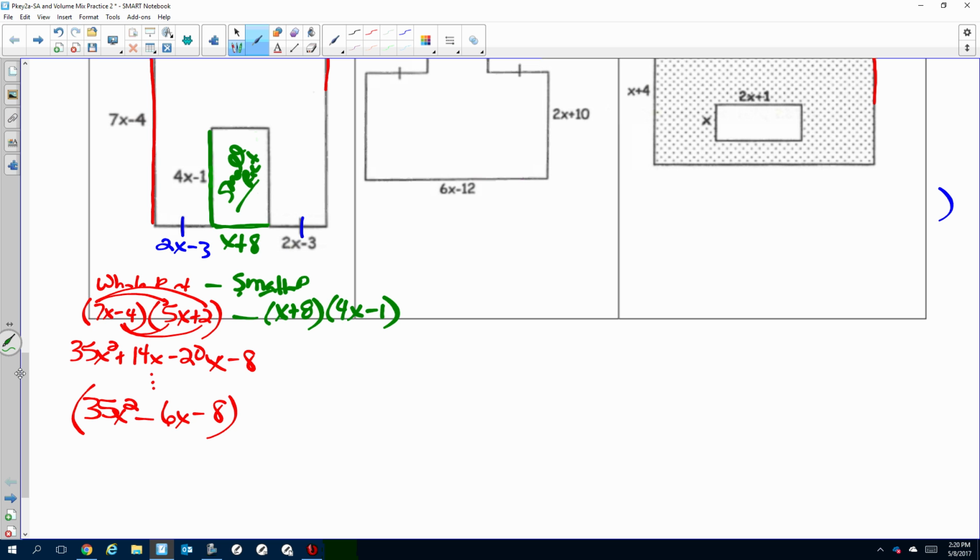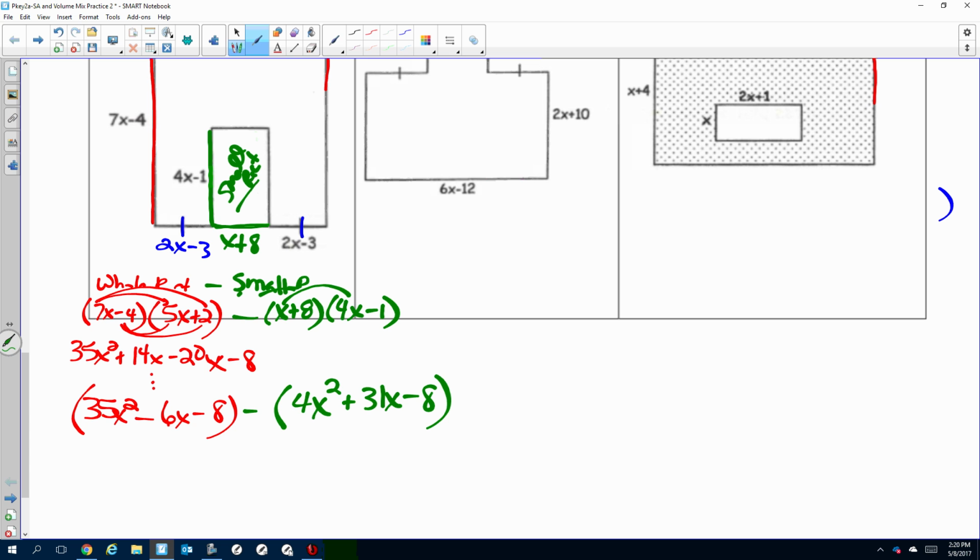Same thing, you do box method, FOIL method. Just pause the video, or I'll go into what our simplified expression is. If you need assistance with this, just come to tutorials. But basically, we would end up getting 4x squared plus 31x minus 8.